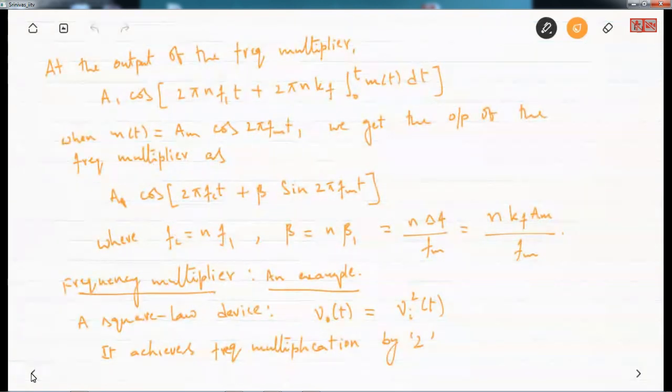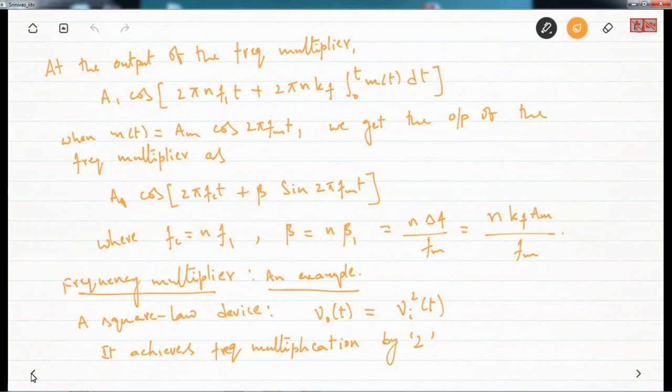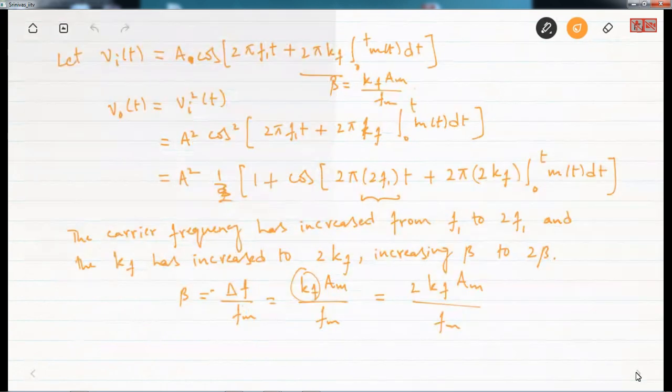So that's why in that block diagram, the first crystal oscillator is operating at frequency f1, and it produces a narrowband FM signal with frequency deviation beta 1, and then when this signal is given to the frequency multiplier by n times, the carrier frequency gets increased from f1 to nf1, right?